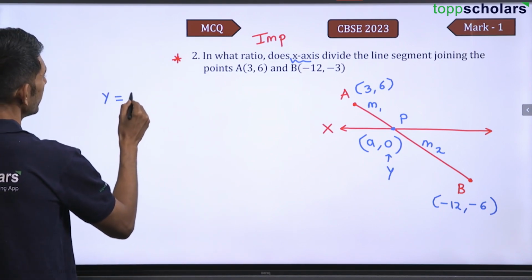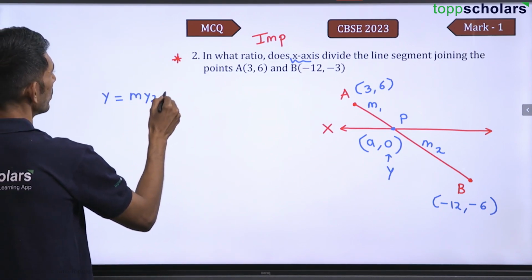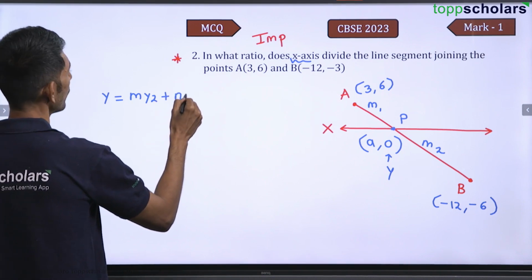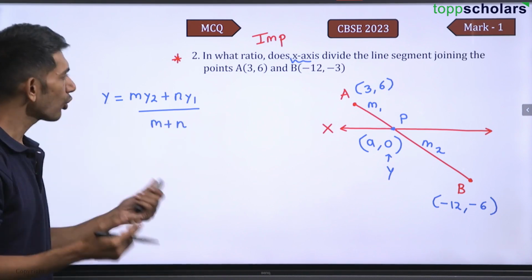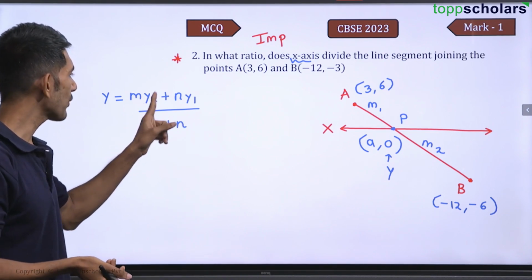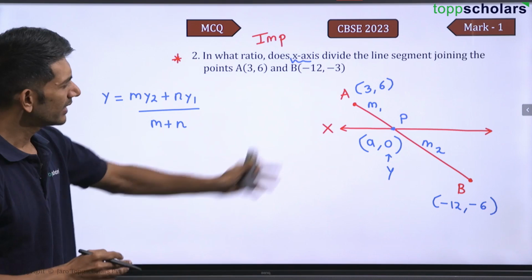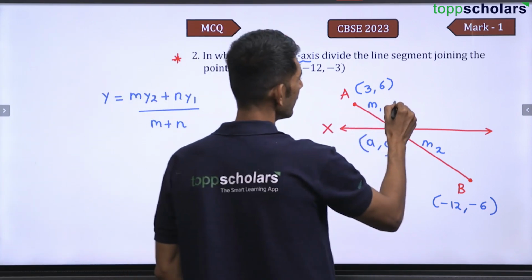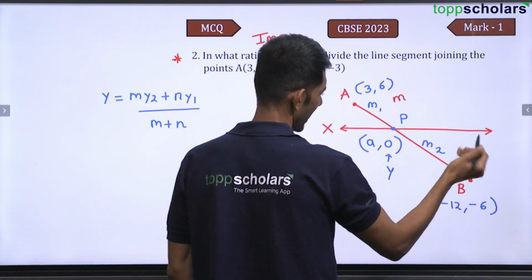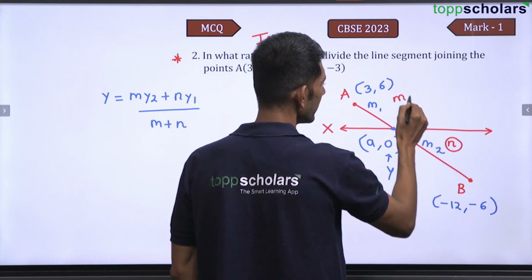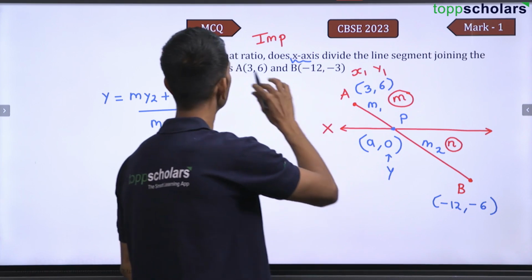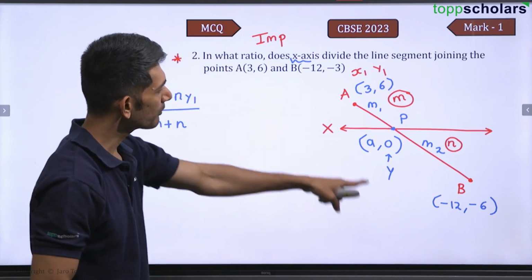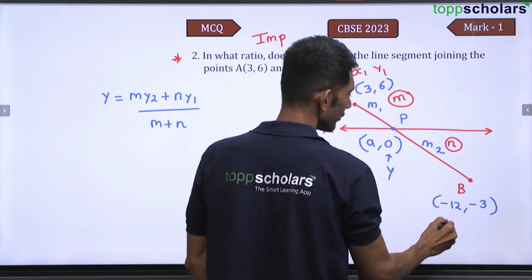The formula for y is (m y2 plus n y1) by (m plus n). So all we need to do is put the values. You can take this as m, you can take this as m2 or you can also take this as n, doesn't really matter. This is x1, y1 which is (3, 6) and B is (minus 12, minus 3), that is your x2, y2.